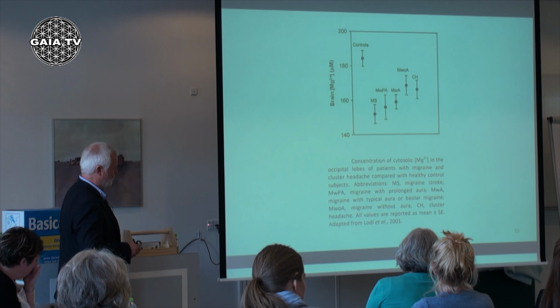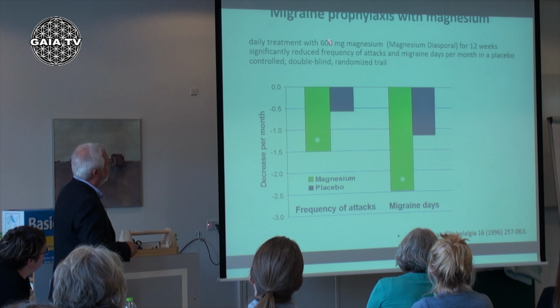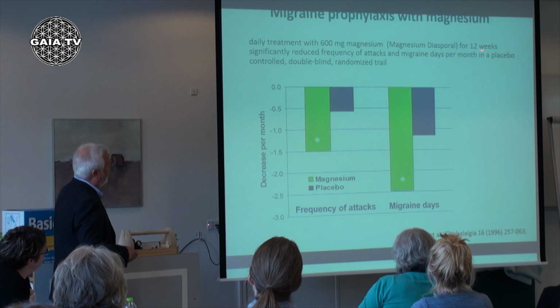So what to do? Well, relatively easy. You can make magnesium prophylaxis. And this was a placebo-controlled double-blind study where magnesium was given in a dose of 600 milligrams as magnesium diasporal for 12 weeks. And this significantly reduced the frequency of attacks compared to placebo.